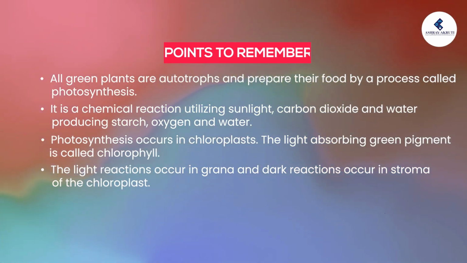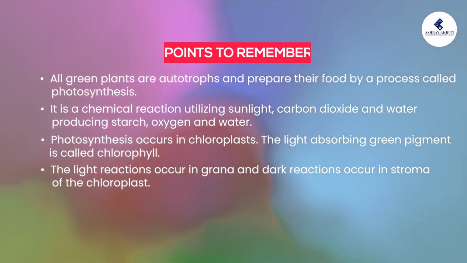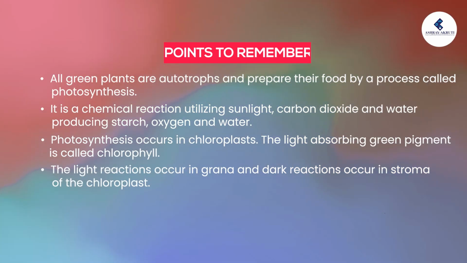Photosynthesis occurs in chloroplasts. The light absorbing green pigment is called chlorophyll. The light reactions occur in grana and dark reactions occur in stroma of the chloroplast.